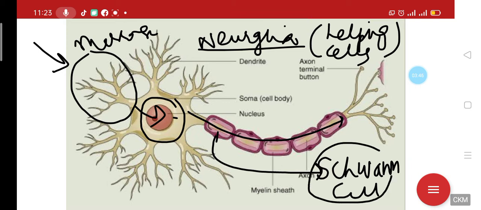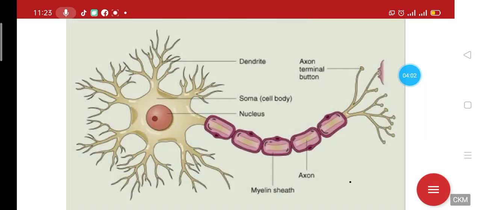The Schwann cells are basically neuroglia cells that are present at regular intervals on the axon. Students, if we look here, this yellowish color is basically the axon, and these are the Schwann cells which are on the axon at regular intervals.